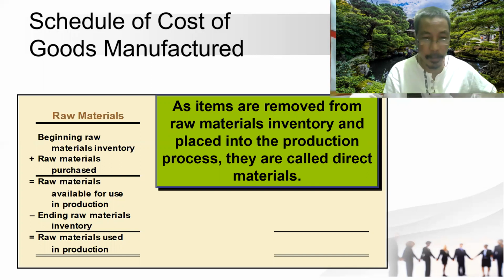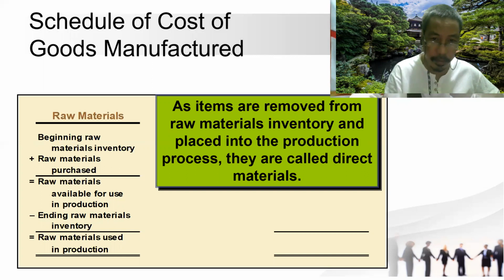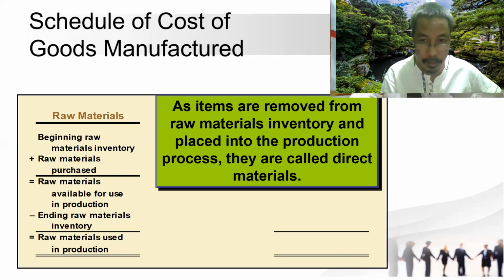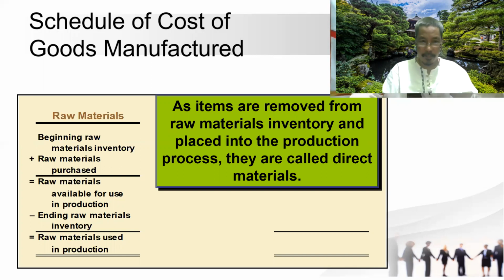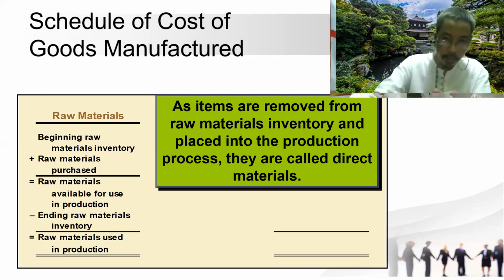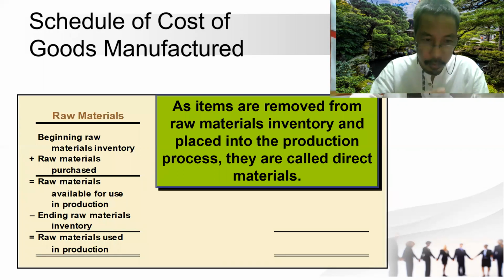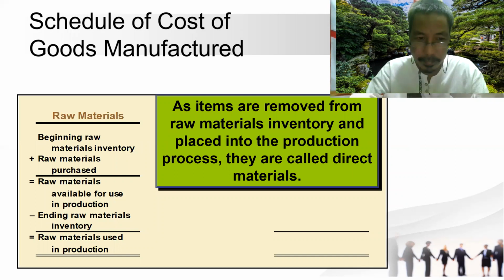Okay, so as items are removed from raw materials inventory and placed into the production process, they are called direct materials. So raw materials used are direct materials.